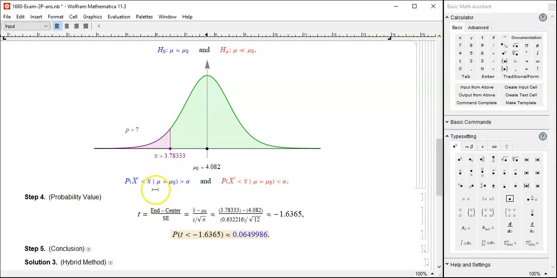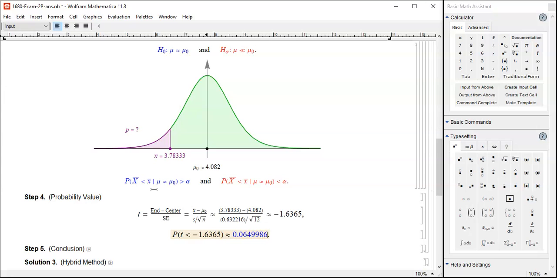So that is type 1 error. And if that probability is too big, then you have to accept null because we cannot reject the null hypothesis. That's basically the idea related to this type 1 error and the probability value approach.